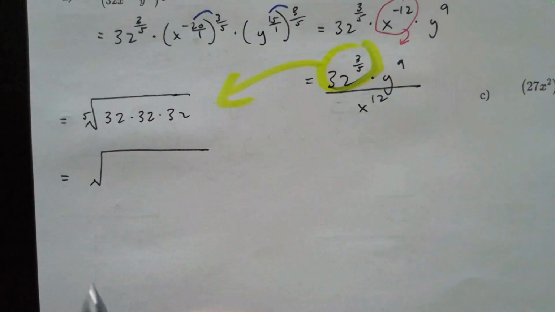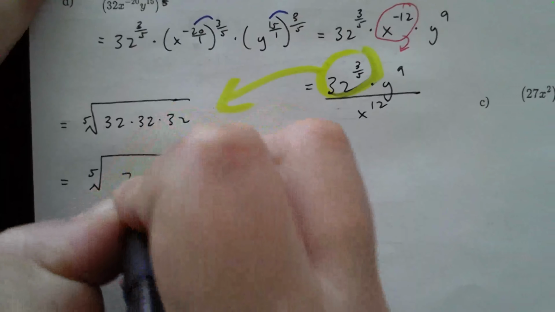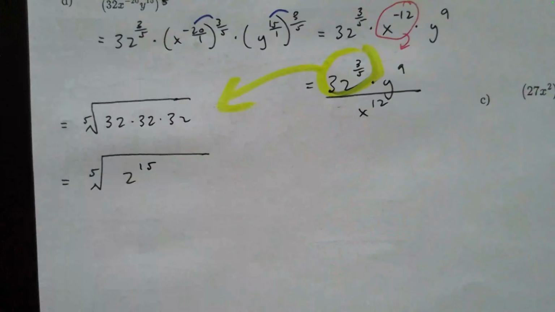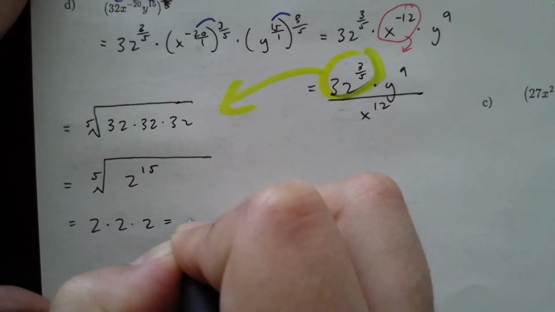I'm going to have 3 groups. So if each one of them is 5, that means I have 15 total, which makes 3 groups. So you'll have 2, 2, and 2, which makes 8.